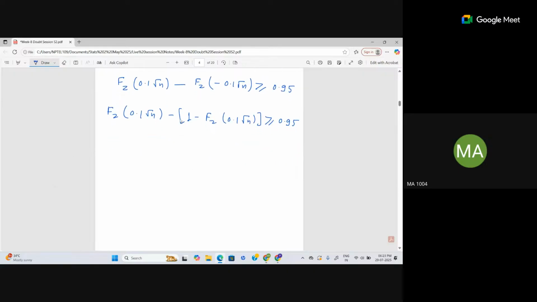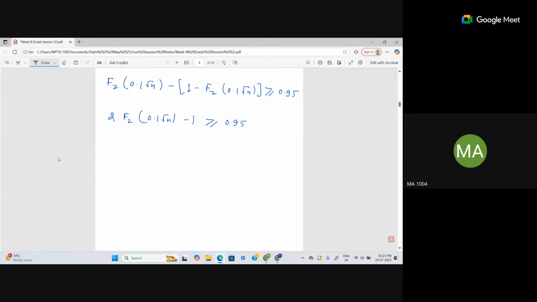If you open this bracket, this will become 2 times Fz of 0.1 root n minus 1, greater than or equal to 0.95. Now from here, 2 Fz of 0.1 root n is greater than or equal to 1.95, then we divide by 2, so this will become 0.975.